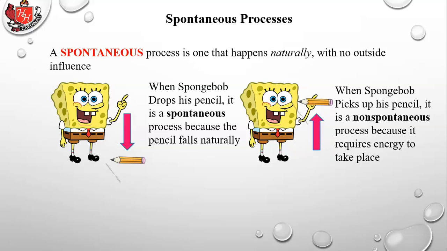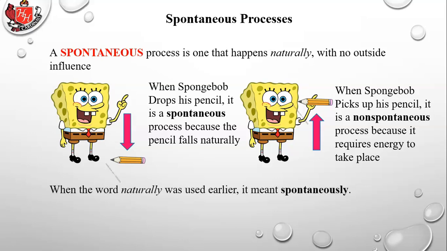So both cannot be spontaneous. If the one on the left is spontaneous, then the one on the right cannot be spontaneous. It doesn't happen naturally that a pencil just flies up from the floor into your hand. So that's not spontaneous. So the word naturally was used earlier. It meant spontaneously.